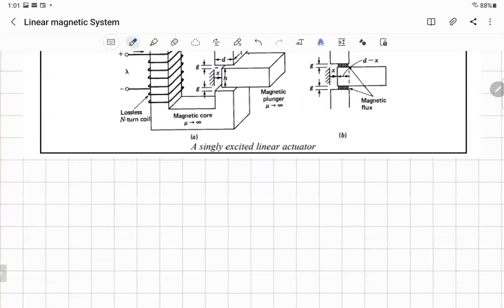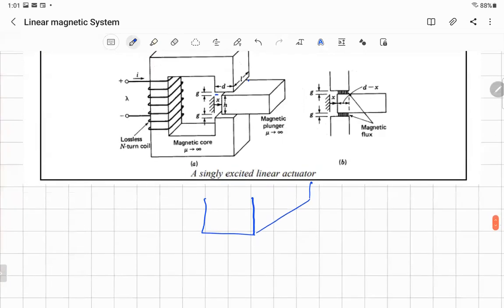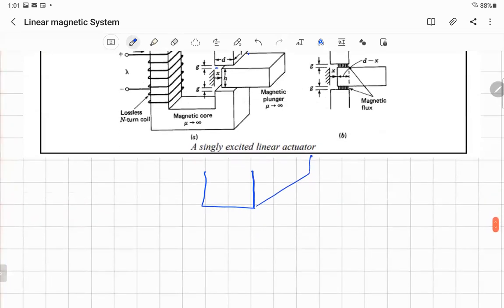Let me just make it bigger here. This part, let me sketch the mobile part. From the beginning, this edge was here, and then it moved X. So it actually moved up to here.